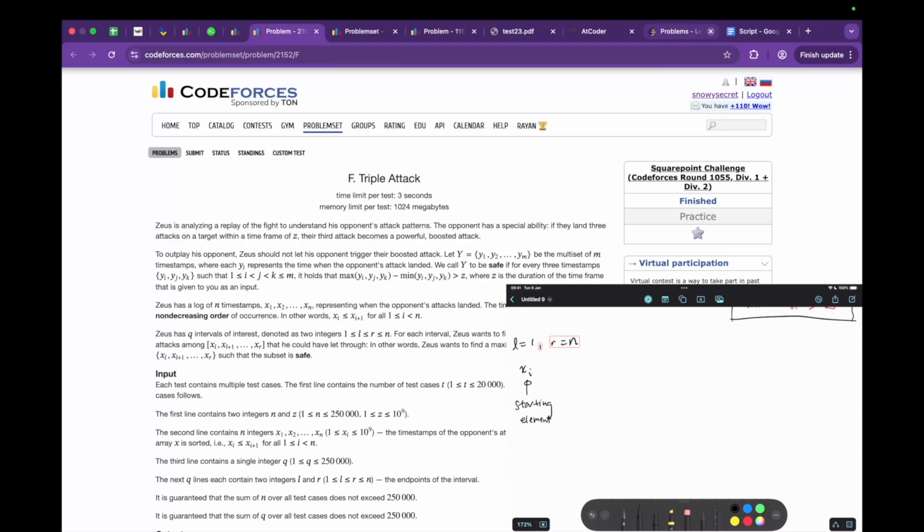Because the constraint that we're given, which is yi plus 2 minus yi, as I said, this constraint only links elements that are 2 apart. So for the next element, we don't really have any constraint, right? So in fact, this element only gives a constraint of the form: among the elements with values xi plus 1 to xi plus z, we can choose at most one element from here.